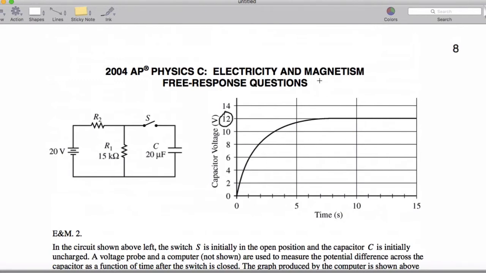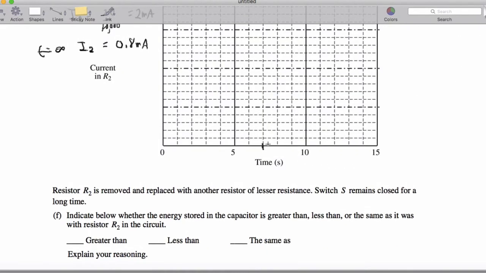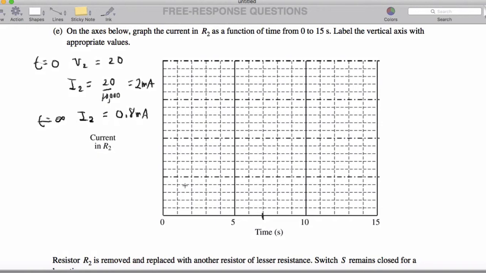It's right around the 7-second mark that we reach that limit of 12 volts on the capacitor, which tells us that that's when we're at the effective infinity of time passing. So right here at 7 seconds, let me label this. I'll say that this is 1.0 milliamps here and 2.0 milliamps here.